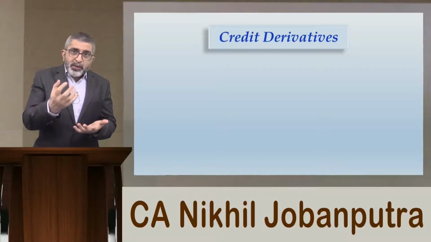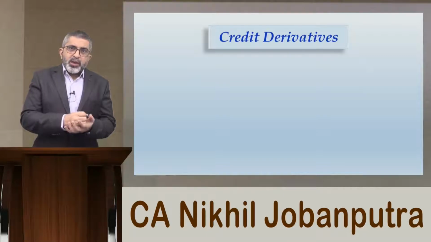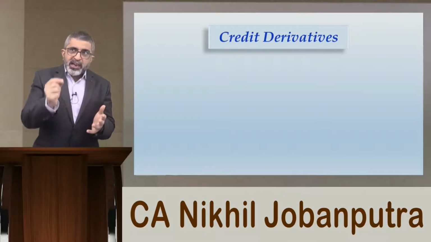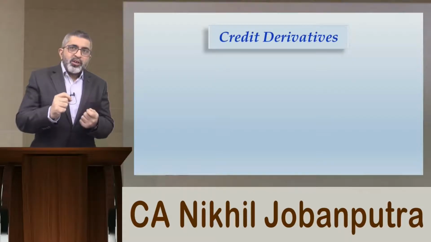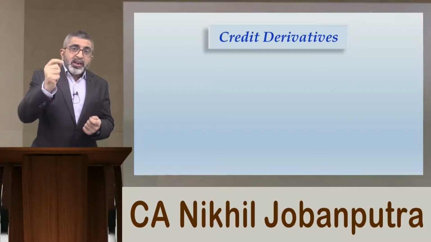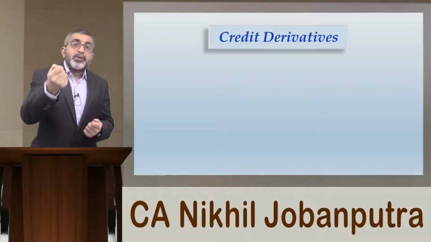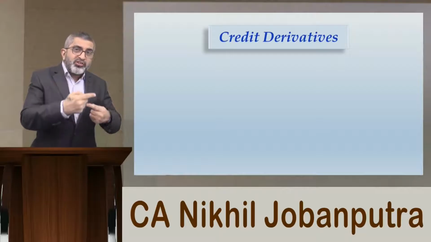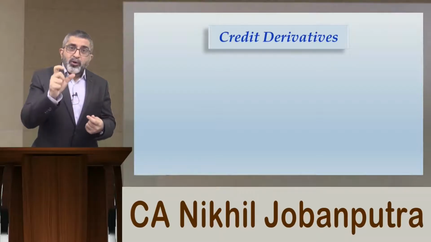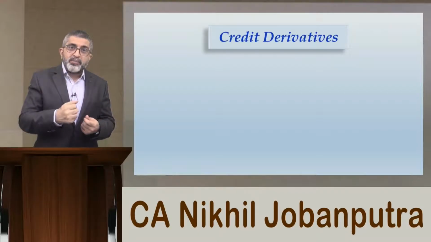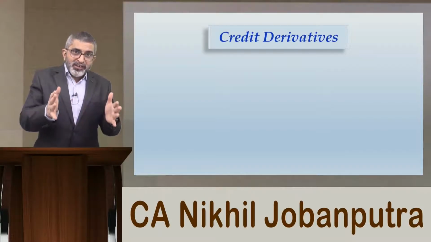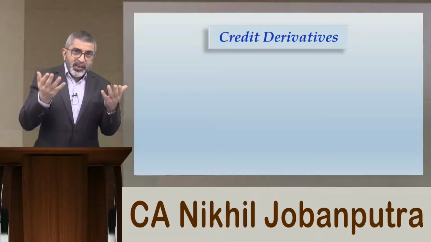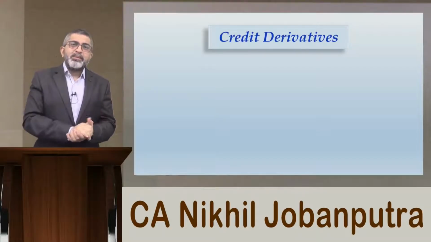Now what happens? The contract between me and the insurance company, if you observe closely, is indeed a derivative, because just imagine if the credit rating of the borrower goes on changing, the amount of premium charged by this insurance company will also vary. The higher the risk involved, the higher will be the premium charged.